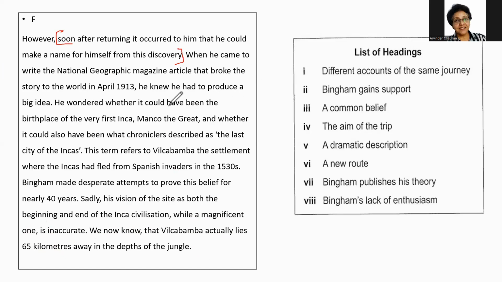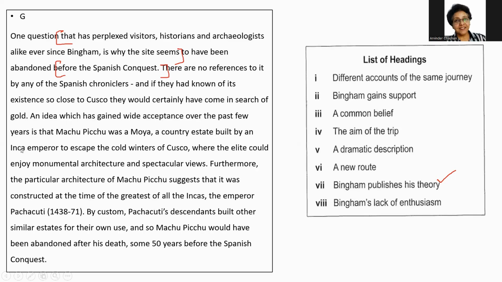And then he wrote this article for the National Geographic magazine. And that is when he publishes his theory. Right? Okay, so that's the answer for this one. And let's move on to the next one. And this, I suppose, is the last one.